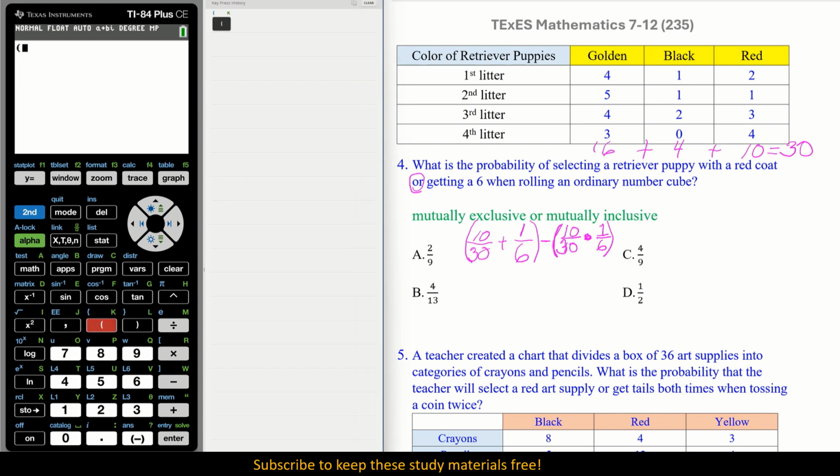So I'm going to go ahead and use parentheses and just follow through on this one.